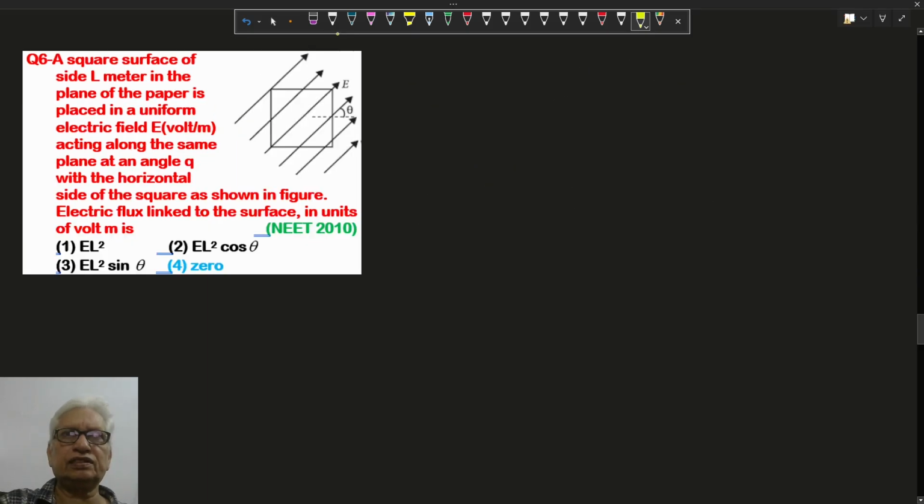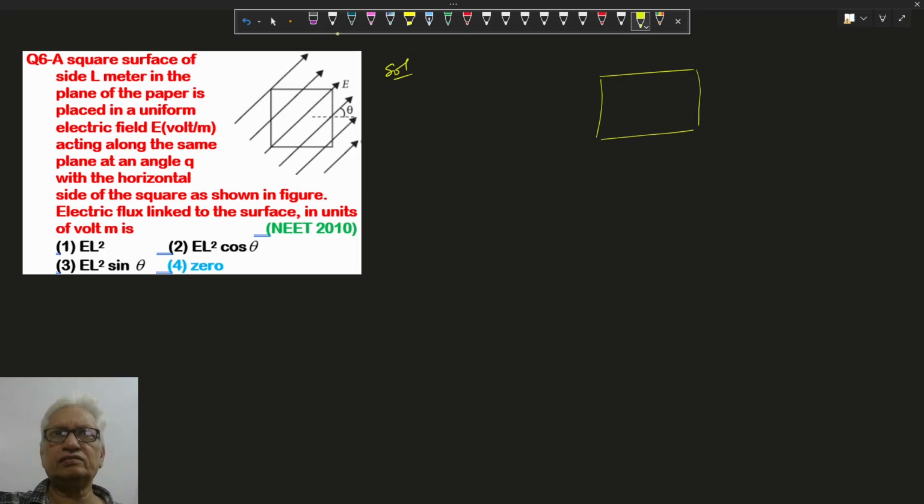In this question, this is again a square. Now the electrical field in this direction makes an angle theta with the horizontal. So these are the lines of force here, and what is the flux linkage?